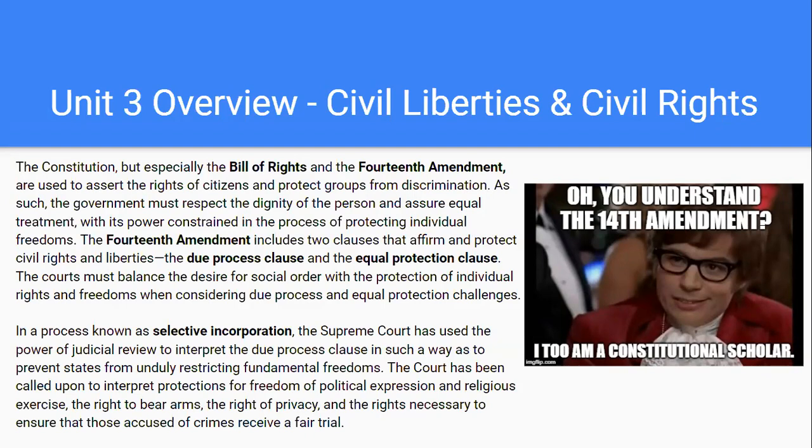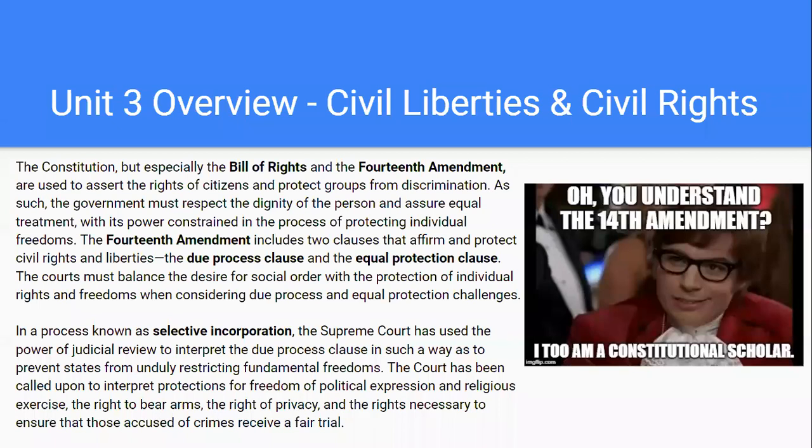Because the last clause, the equal protection clause, says that all people will be equally protected under the law. But the law doesn't apply to only rich white men. Right? It applies to all citizens. Every single citizen of the United States is equally protected under the law. Discriminatory laws are no longer legal, right?